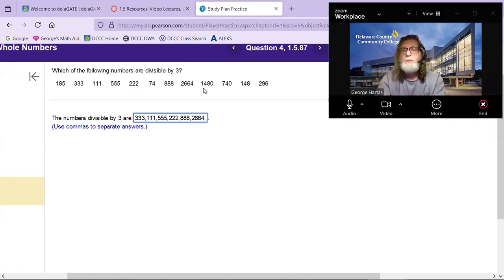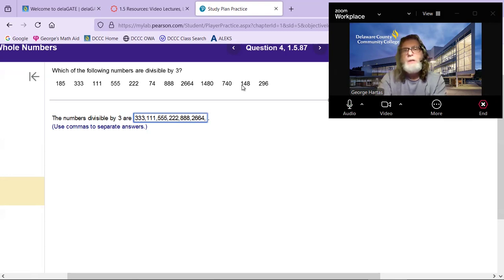Let's go to the next one. 1 plus 4 is 5. 5 plus 8 is 13. 13 plus 0 is still 13. Does 3 go into 13? Nope. Go to the next one. 7 plus 4 is 11. 11 plus 0 is still 11, but 3 does not go into 11 evenly.